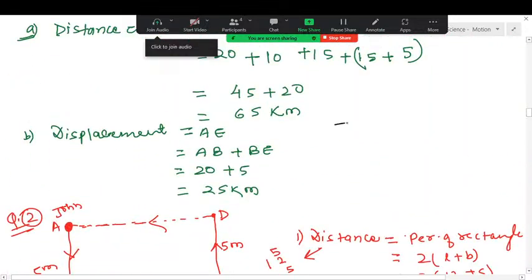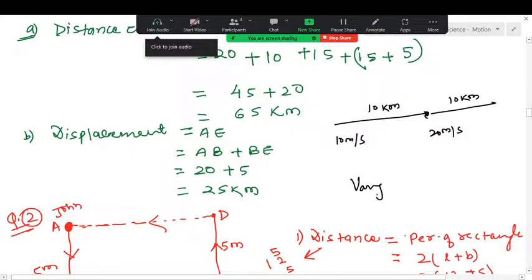Let's say you are traveling a distance of 10 km with speed of 10 meter per second. Then you are traveling another 10 km with the speed of 20 meter per second. If now someone asks you to figure out average speed, what will you do? In order to figure out average speed, you will use the formula twice v1 v2 over v1 plus v2.